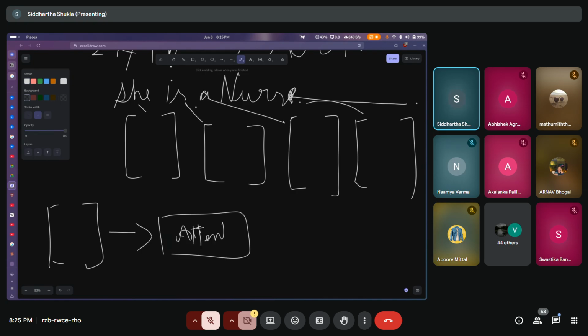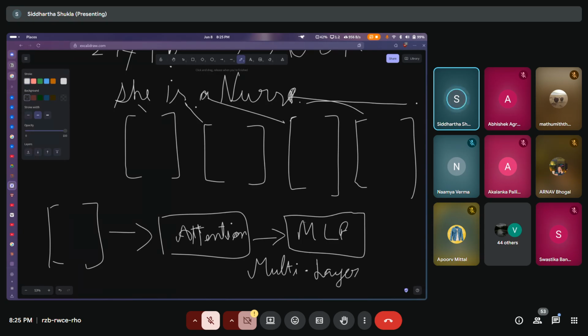Keep in mind, this is a self-attention block, and I'll tell you why in a bit. This goes to a multi-layer perceptron block, MLP for short.